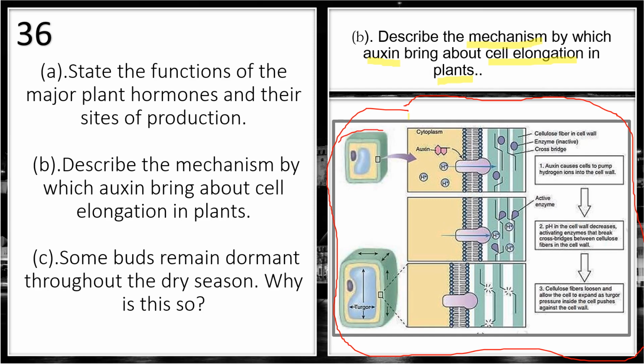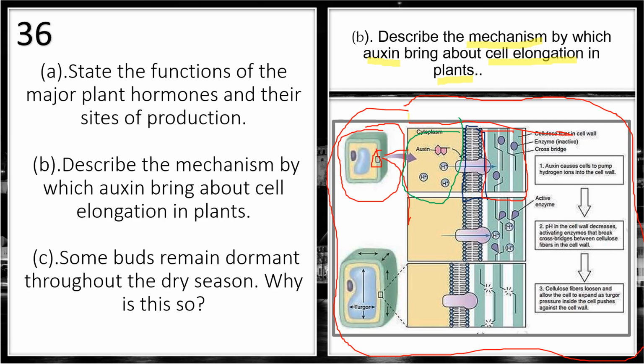This is the cell. We shall cut a smaller piece, and that smaller piece will be enlarged to give us this structure here. So we have here the cytoplasm, and we have the cell membrane here, and then lastly outside we have the cell wall.